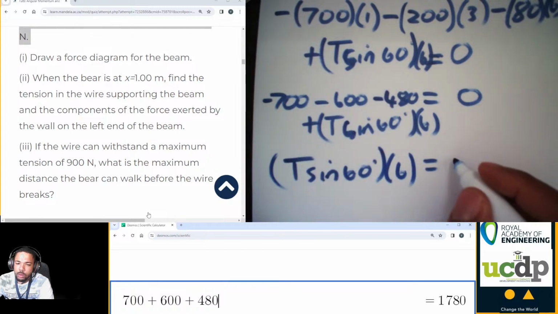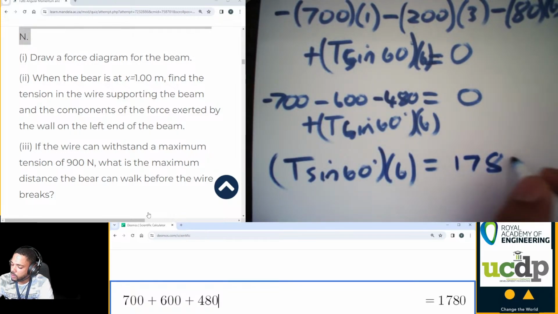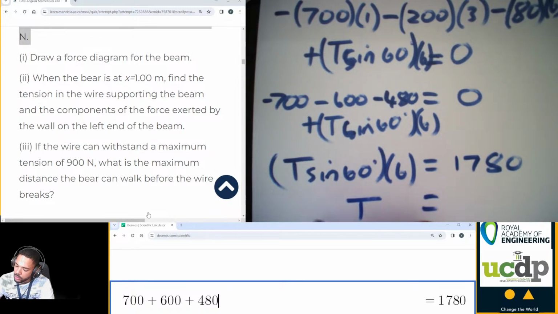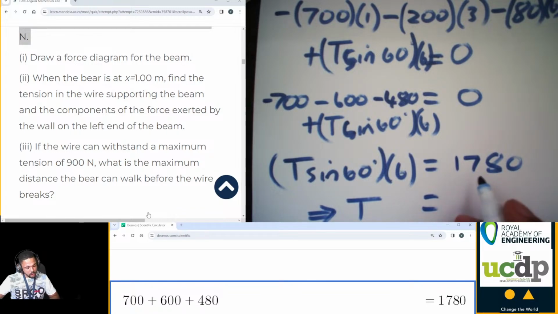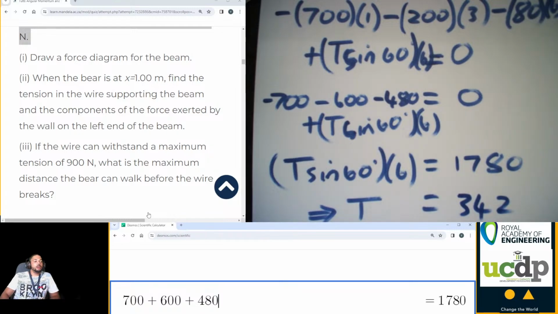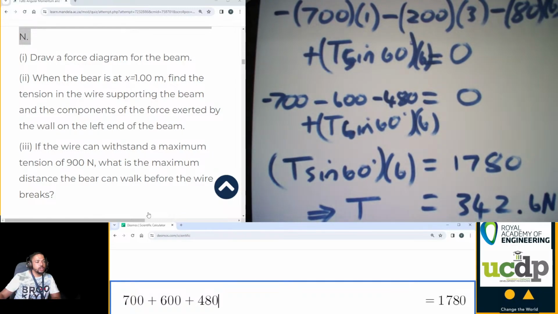If we take all of them over, we get 1780 newton meters. To get the tension, we divide by sine 60 times 6. The sine of 60, if I remember correctly, is square root of 3 over 2. We get an answer of 342.6. So that is the tension, in newtons, of course. We worked out the tension, 342.6 newtons.